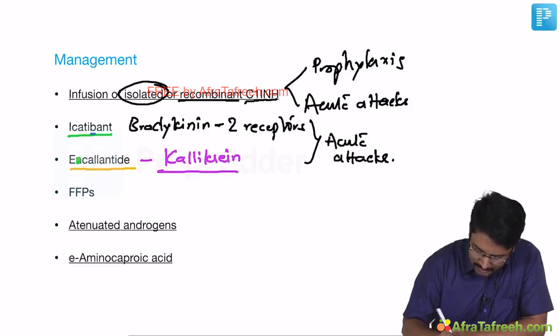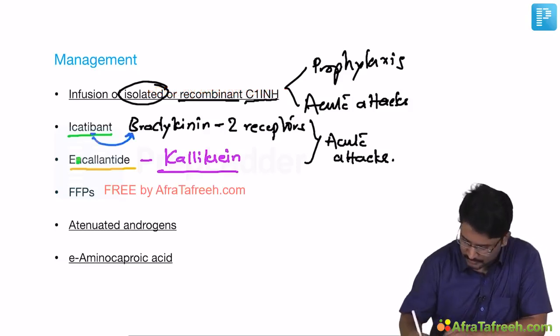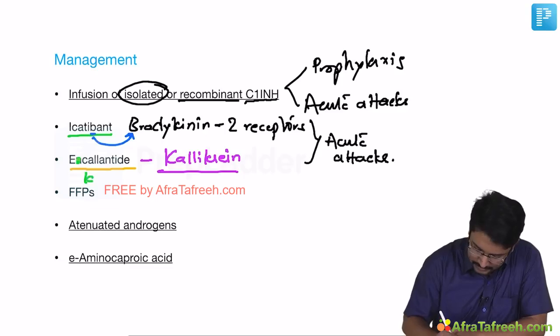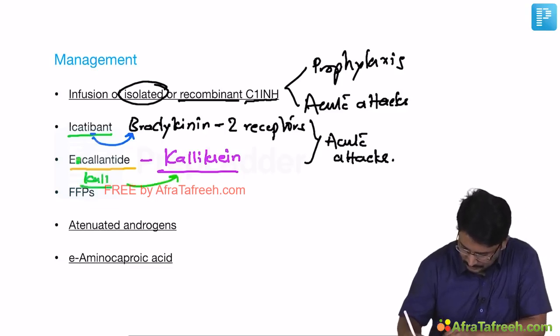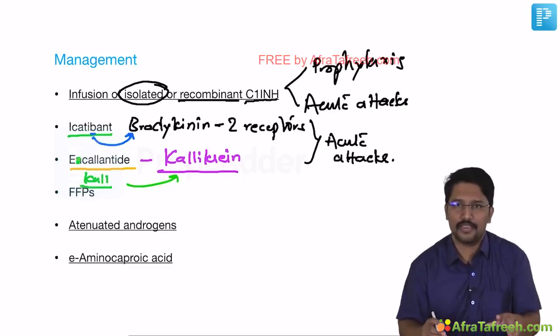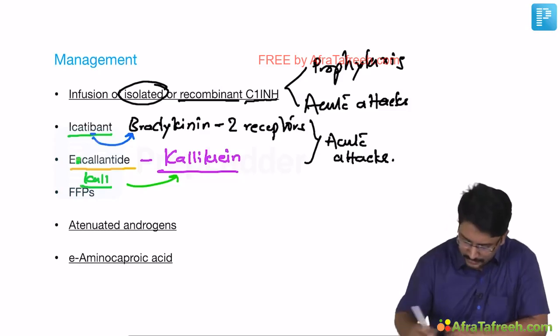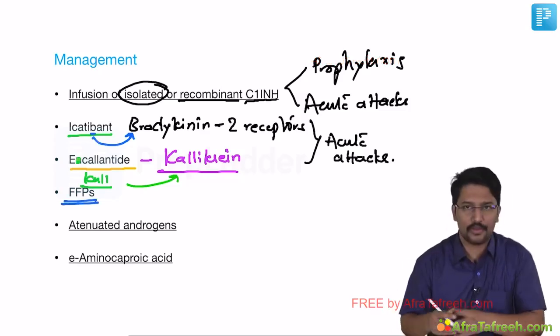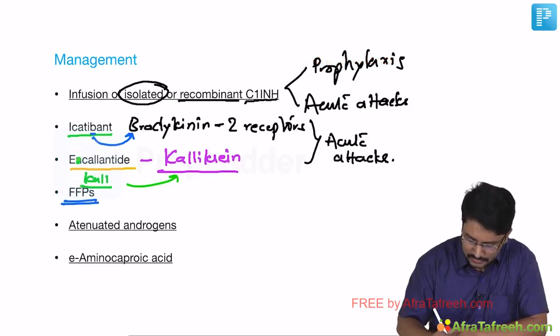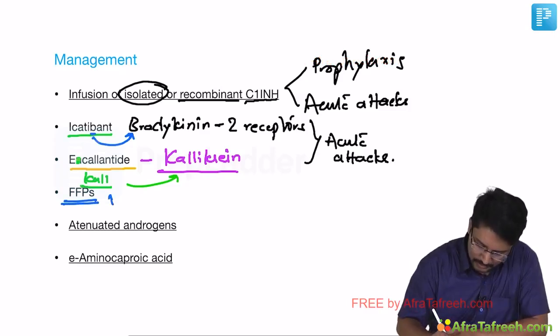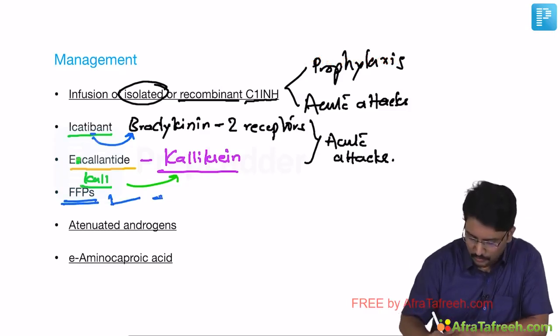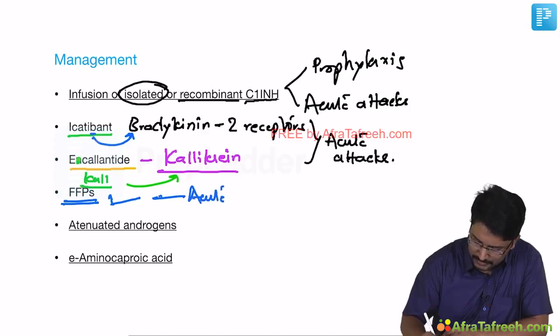Icatibant has B for bradykinin 2 receptors and ecallantide has Cal for kallikrein. That way you can remember which one is against bradykinin 2 receptors and which one is against kallikrein. With the hope that we may be able to replenish C1 inhibitors in a patient with hereditary angioedema, FFPs can also be given for management of acute attacks.